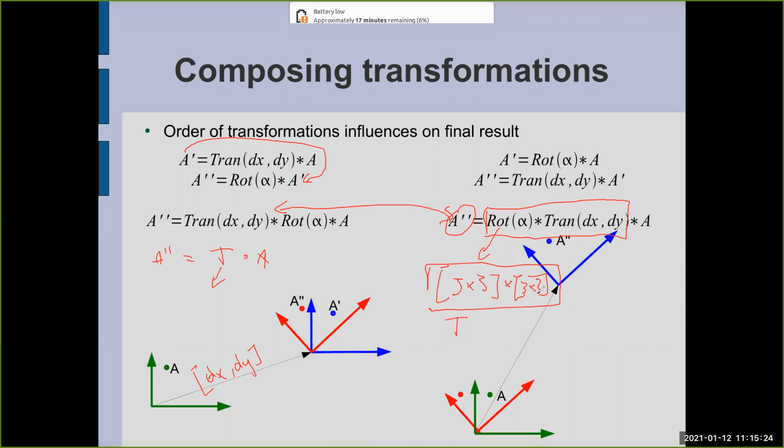I hope you know from your math classes that if you have two 3 by 3 matrices and you multiply them, you get a resulting matrix which is also 3 by 3 elements.